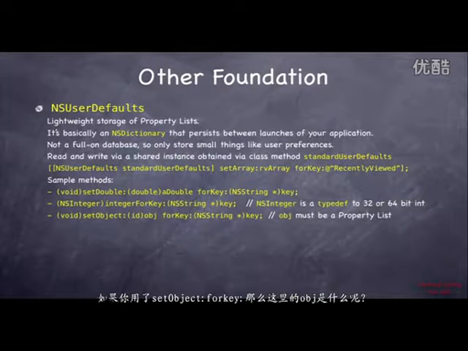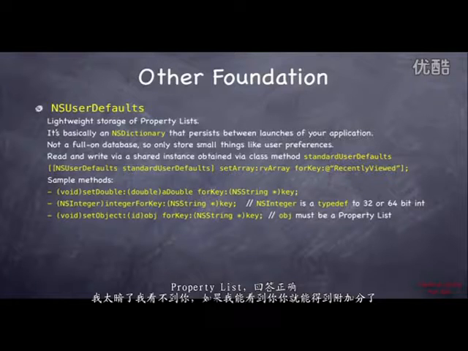If you do setObject:forKey:, guess what obj? What kind of obj does obj have to be, do you think? Property list, exactly. Bonus points. I can't see you because of that bright light, but you get a bonus point if I could see you. Yes, setObject, obj, that obj has to be a property list. Okay, any property list will do there.